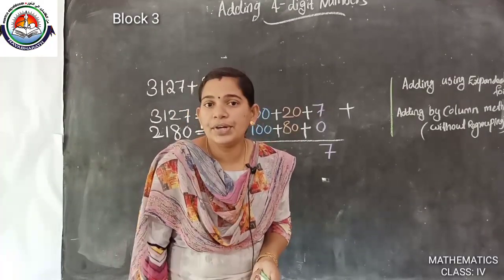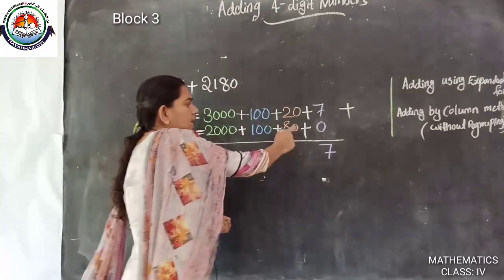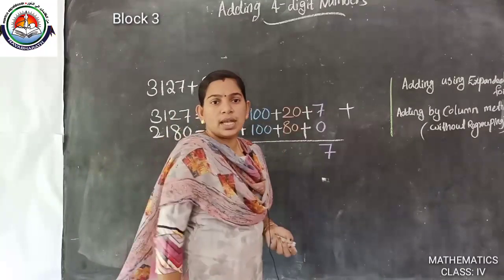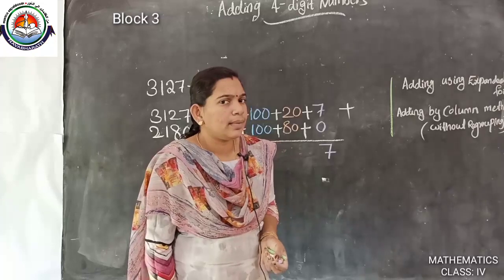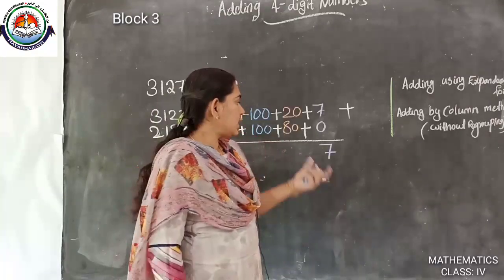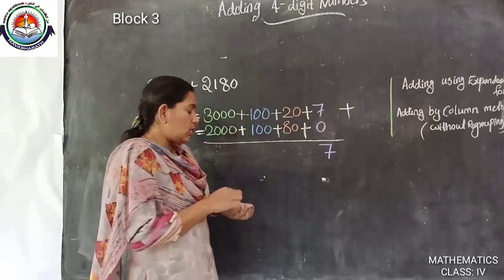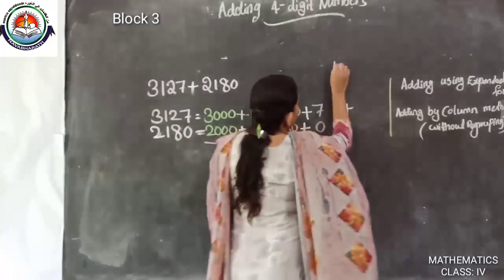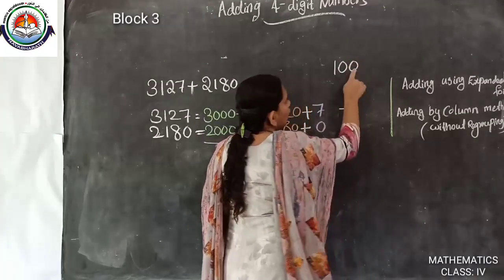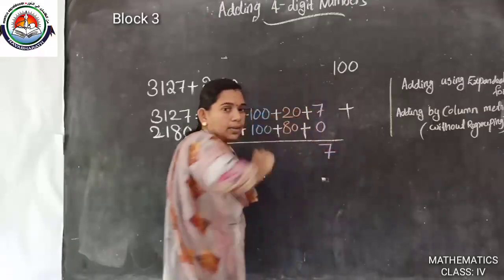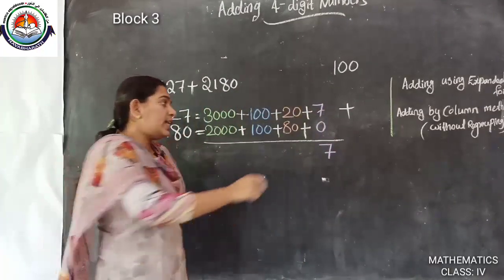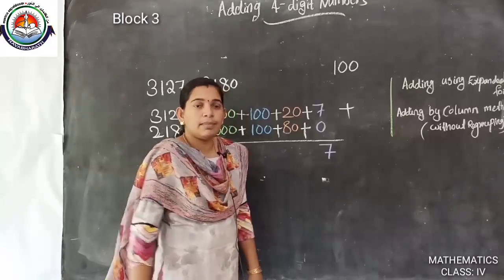Very good, 100. So you look here, in tens place only 2 digits are needed. 100, how many digits are there? 1, 2, 3. So we want to write here 2 digits only, from the right side.